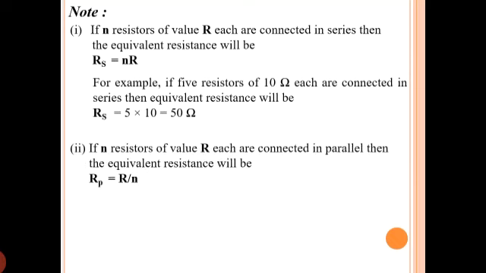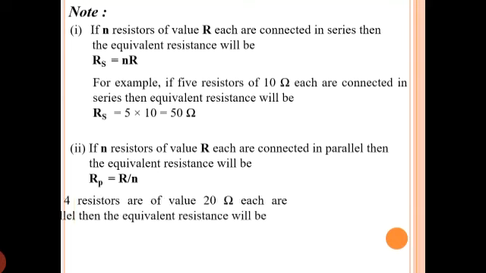And if n resistors of value R are connected in parallel, then the total resistance will be R upon n. Again, if you have many resistors connected in parallel, but each one has the same value, then the total resistance will be the resistance of one resistor divided by the total number of resistors connected.